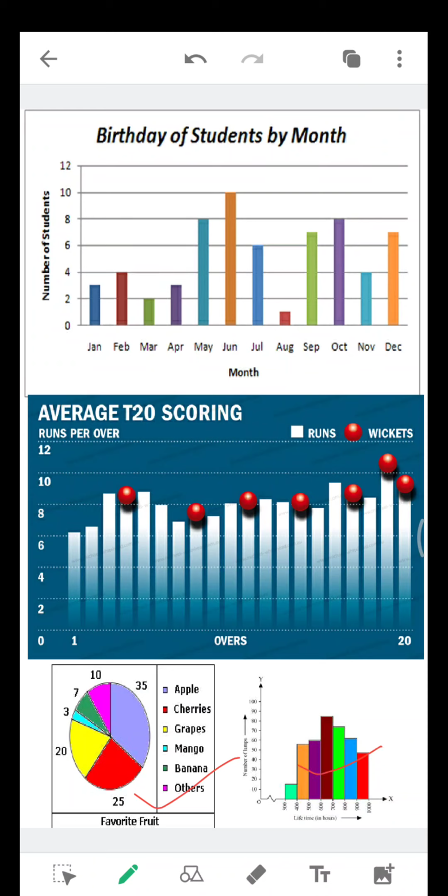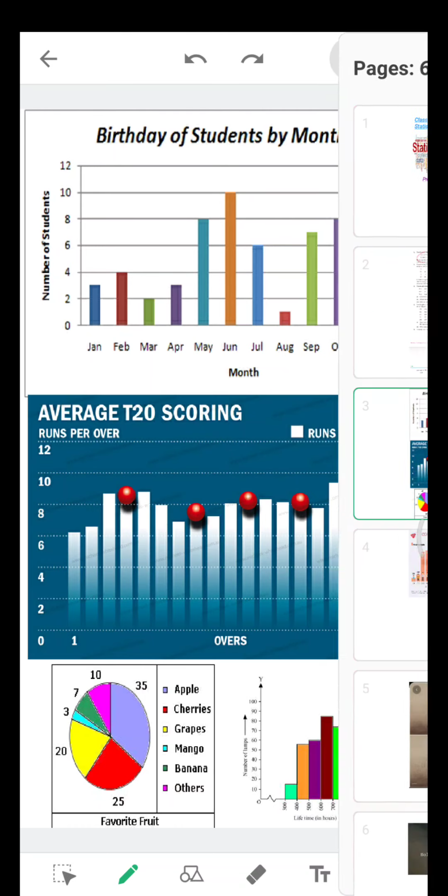So there are different ways which we can use to present the data in an interesting manner. So this type of graphs are used in business, in schools for showing the result of students, in sports for showing the score, and in all government organizations to show different types of data.